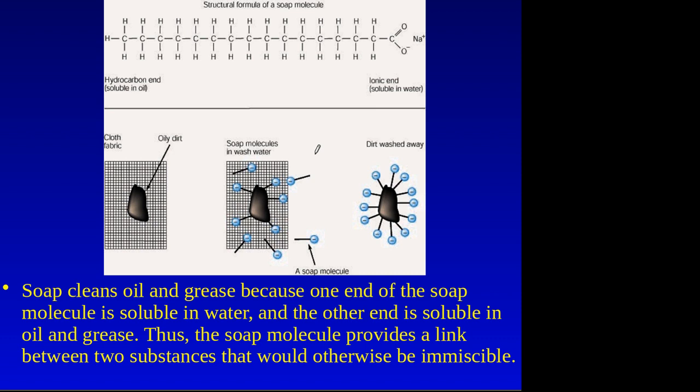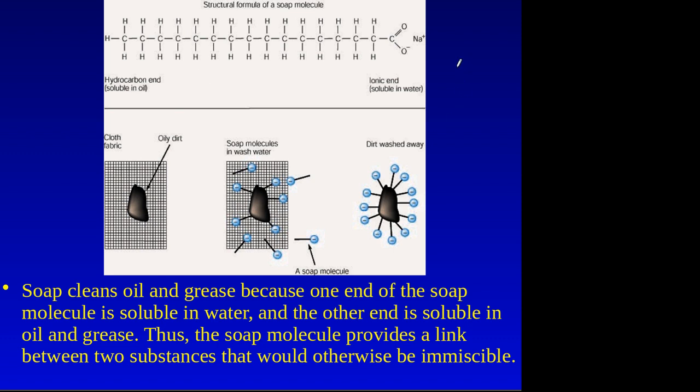And so it'll wrap itself around the oil, and the side that's soluble in oil surrounds it, and the side that's soluble in water then lifts away. So one side is breaking apart the oil, and the other side is dissolving in water. And as it breaks apart the oil, it surrounds it. And so these chemistries, these reactions, are little machines. This thing here is a machine.